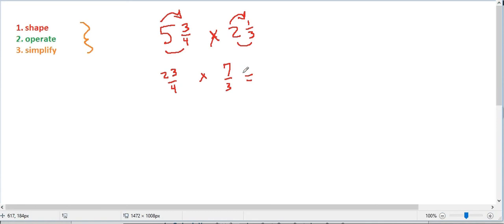Now I can solve. 23 times 7, I might need to break that up over here with some work. 161 over 12. I just made this out of my head. I really don't know. I forgot to change my color. Operate was green, right?